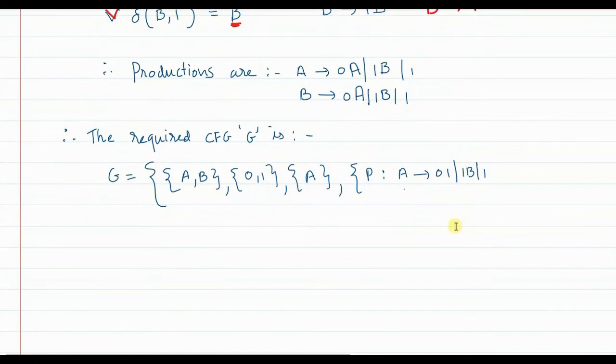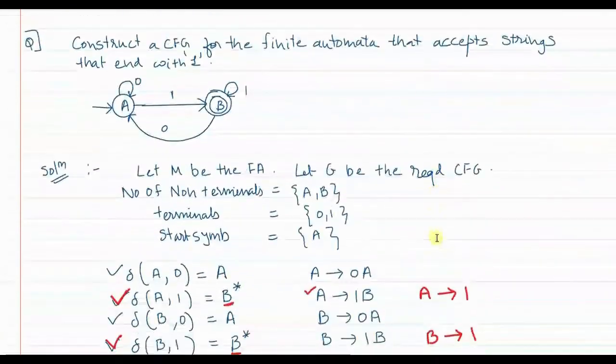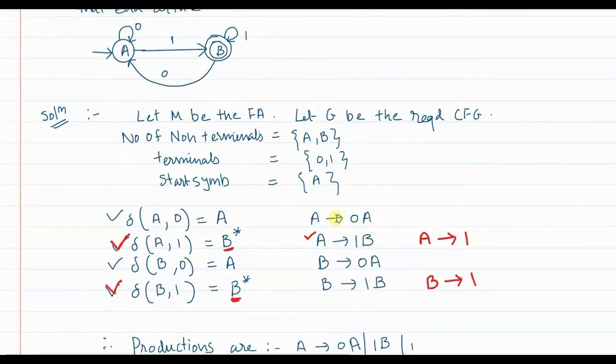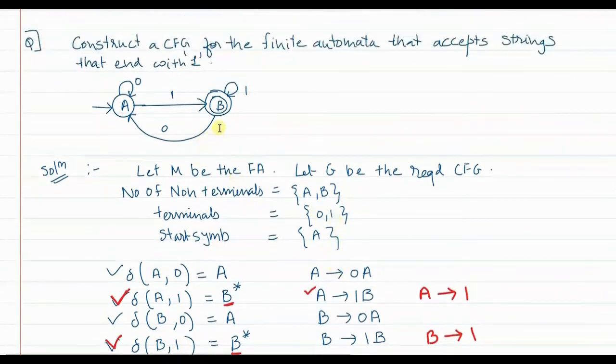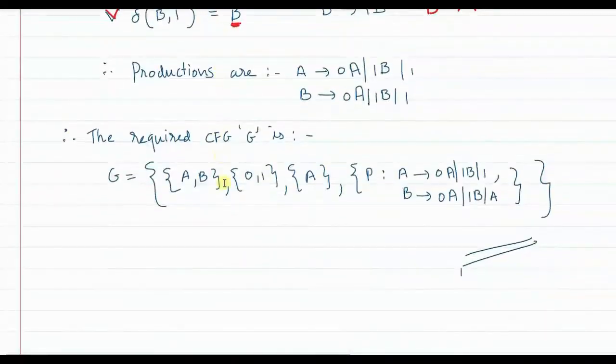It is 0A or 1B or 1, and B gives 0A or 1B or 1. So these are the productions. So this is the required context-free grammar. So this is a very simple procedure how to convert a given finite automata to the context-free grammar.